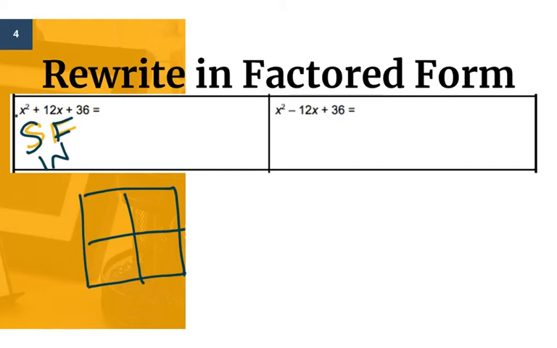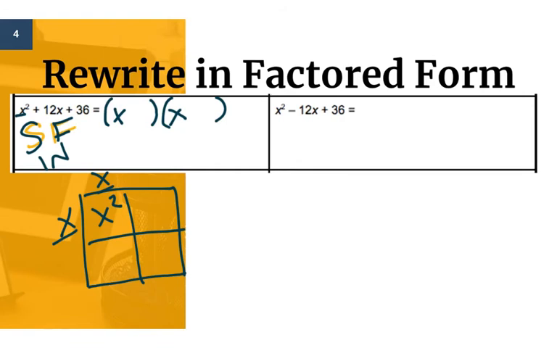And I know that the first term goes in the first box. And that would be x times x. All right, so without even knowing anything else, I can set up my factored form as having an x in the first parentheses and an x in the second parentheses. All right, they come from this, x times x.